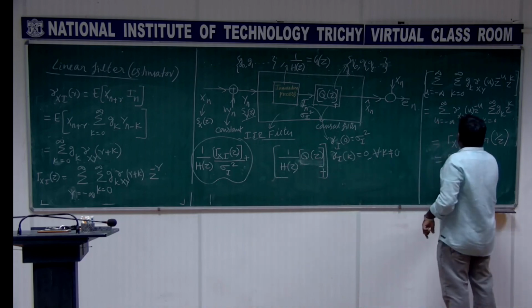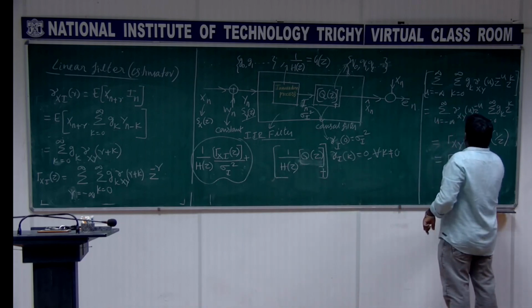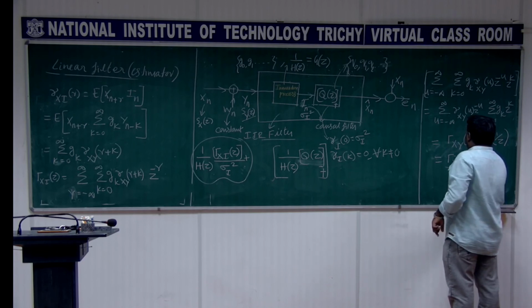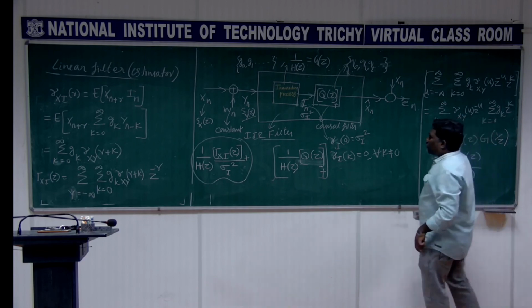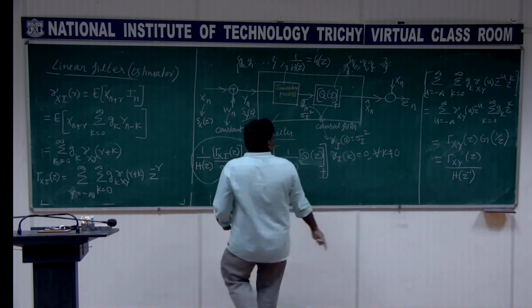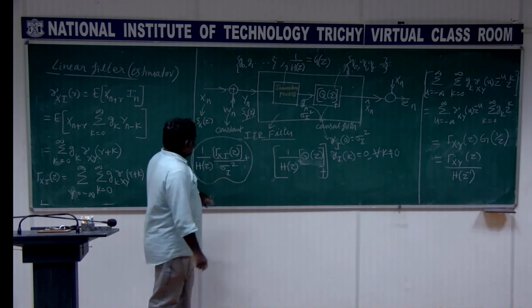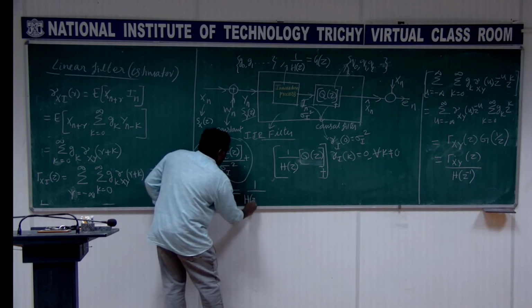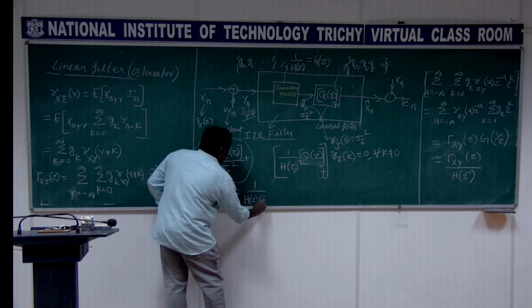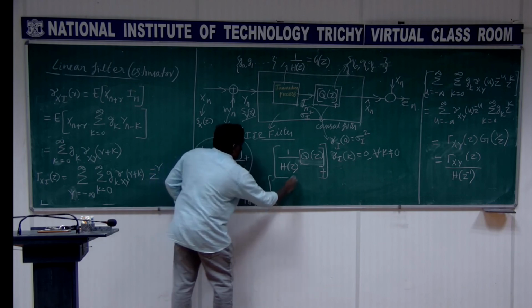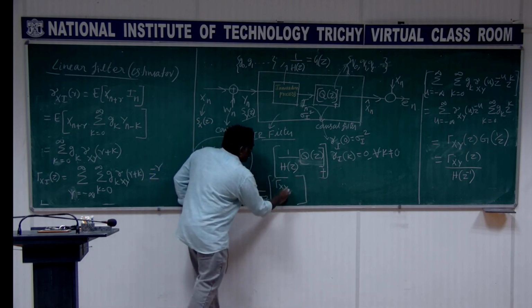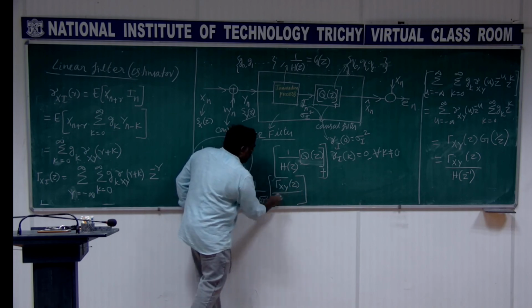I write it as gamma xy of z divided by what? H of z inverse. So this is what I want here. I want to replace this one. Now the final expression is this h of z, and this sigma square I take outside, and we have a bracket here, and this is gamma xy of z by what?